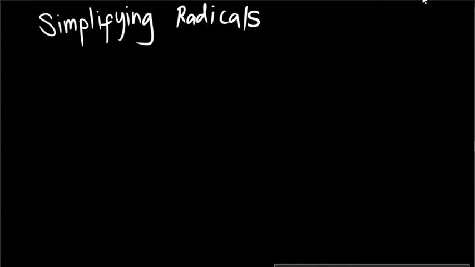So in math, when we say simplifying, it means to put something in its simplest form. For example, you have an expression and you want that variable to appear the least amount of times.